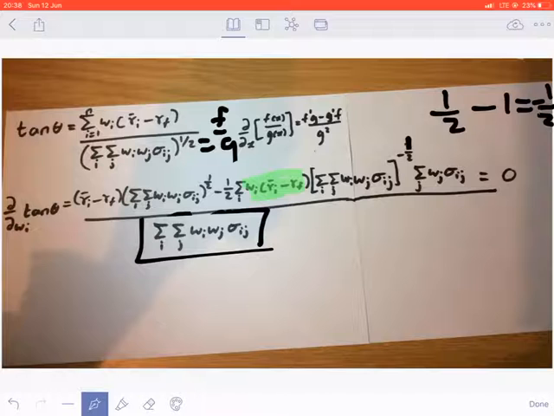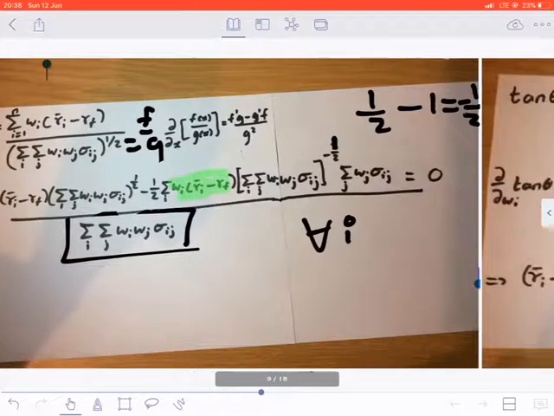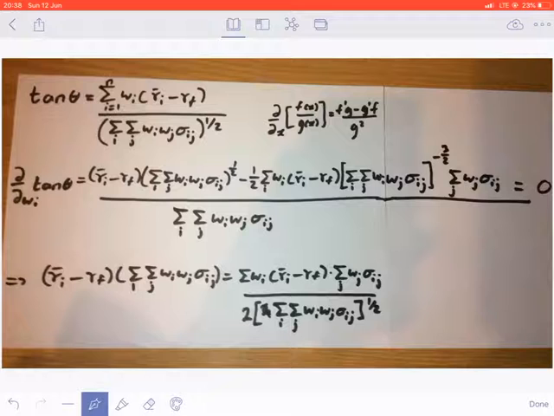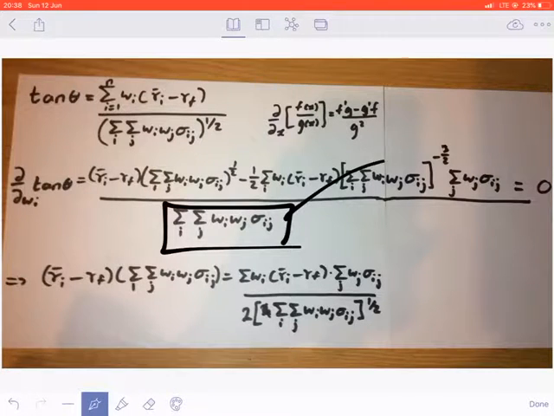You are going to do this for all assets i. So we can take it further and write it this way. You can multiply this thing by 0, on both sides, and if it goes to the other side, it's going to multiply by 0 and turn into 0, right?